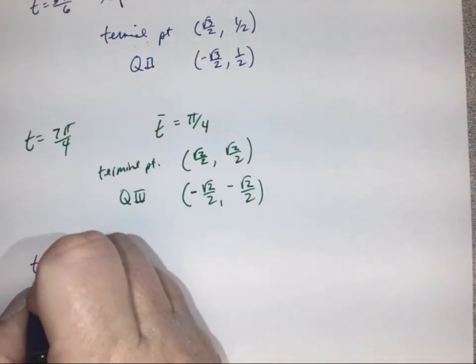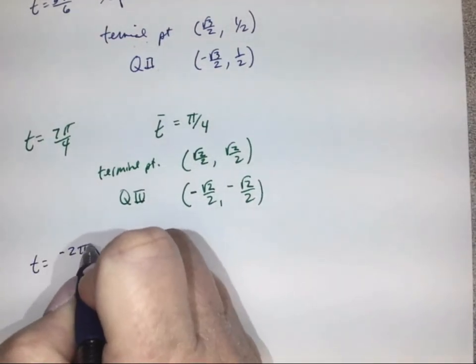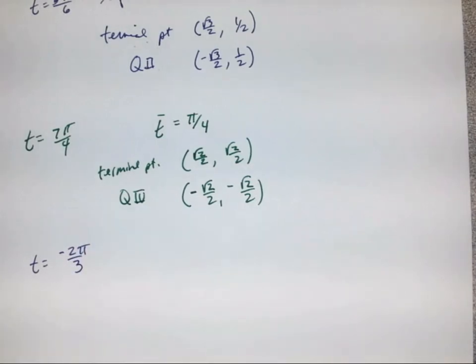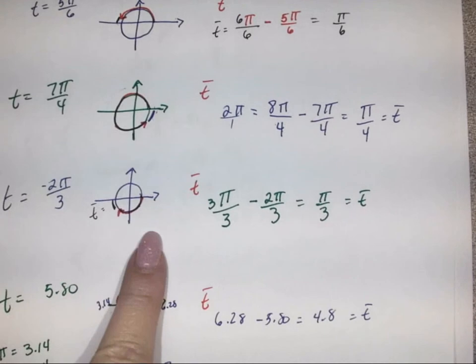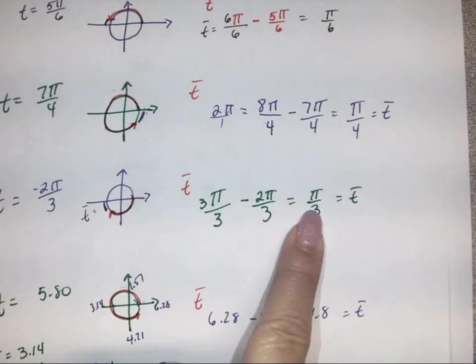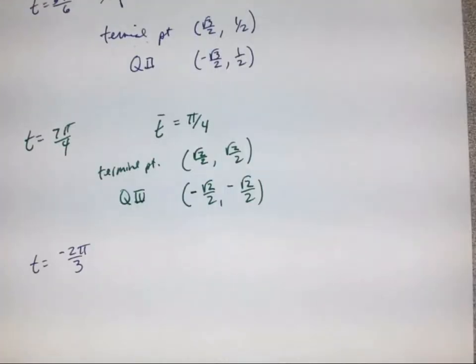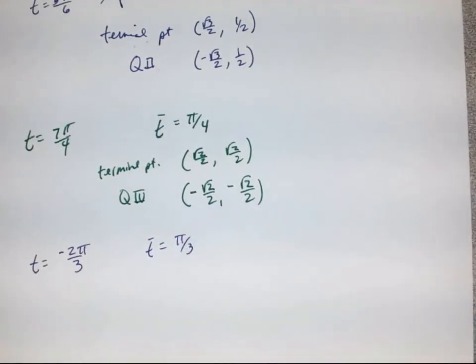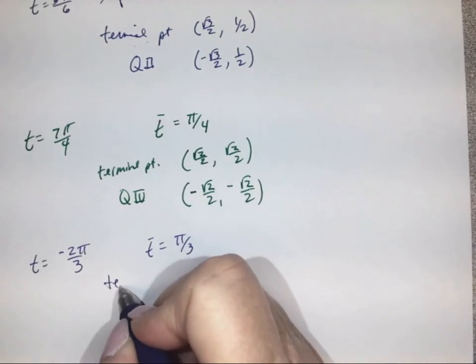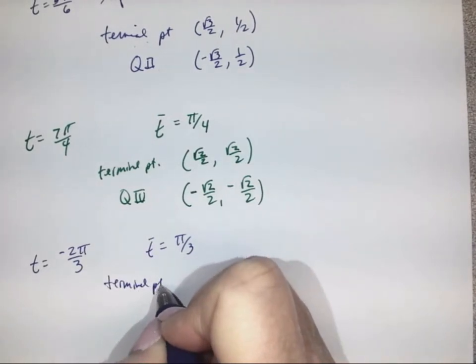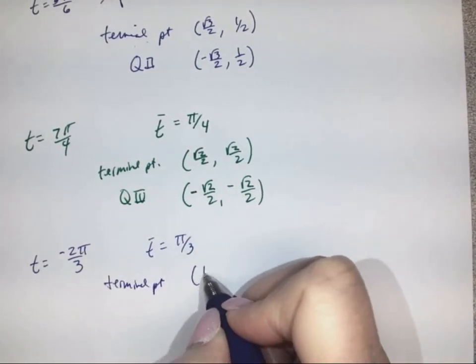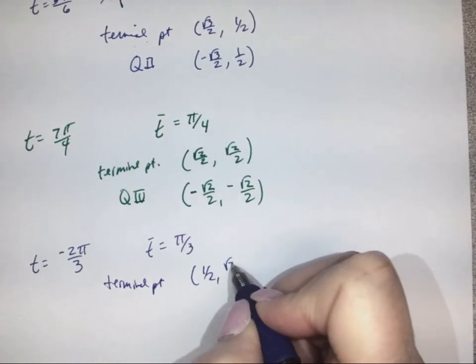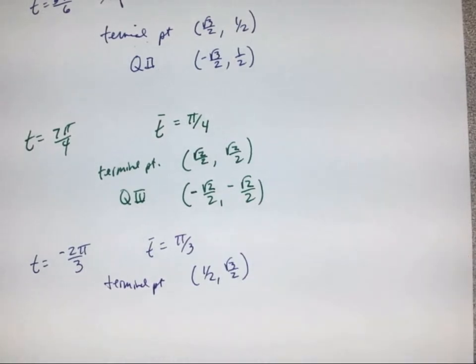For t is equal to negative 2 pi over 3, we found that our t bar was equal to pi over 3. So t bar is equal to pi over 3, and through our chart, we know that our terminal point is going to be 1/2, square root of 3 over 2.